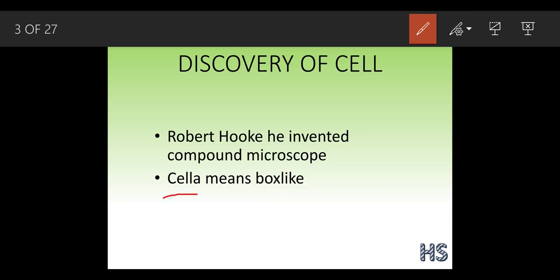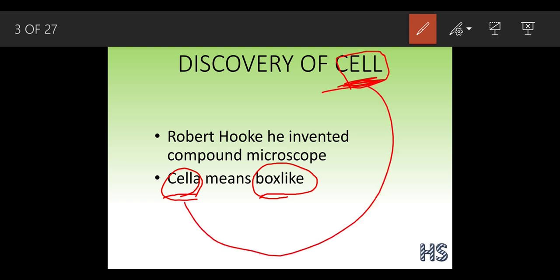The word cella is from the Greek language, which means it appears like a box. So this way the name cell arises from the word cella, which means box-like compartments.